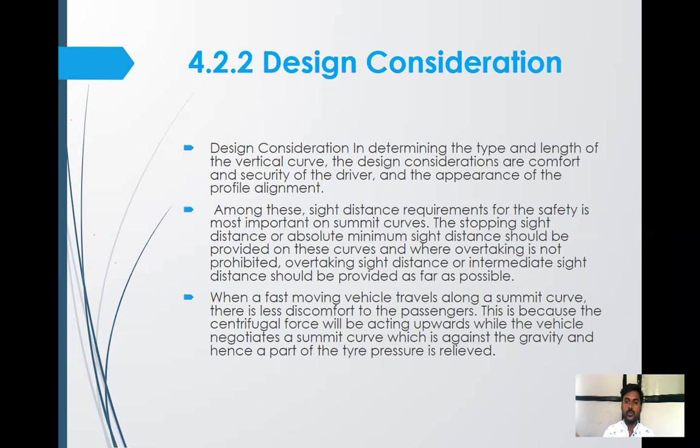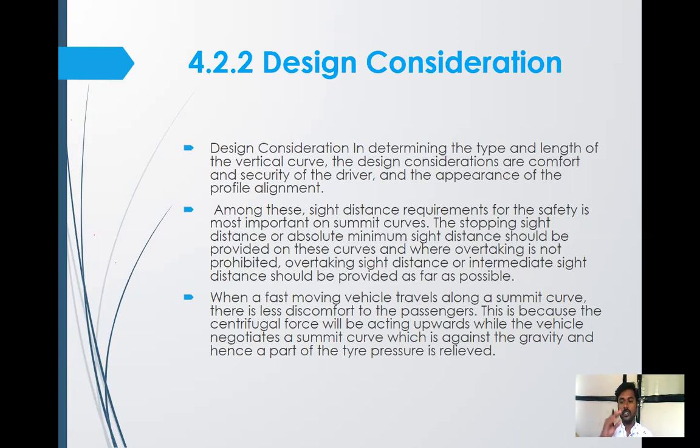Among these, sight distance required for safety is important on the summit curve. The stopping sight distance or the absolute minimum sight distance should be provided on this curve, and where overtaking is not prohibited, overtaking sight distance or the intermediate sight distance should be provided as far as possible.